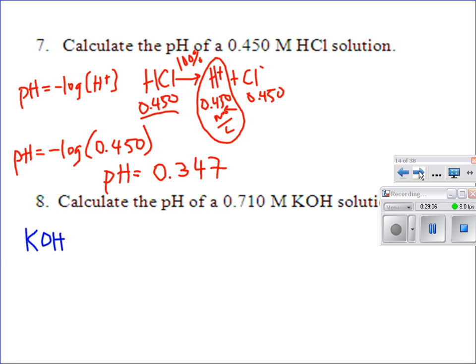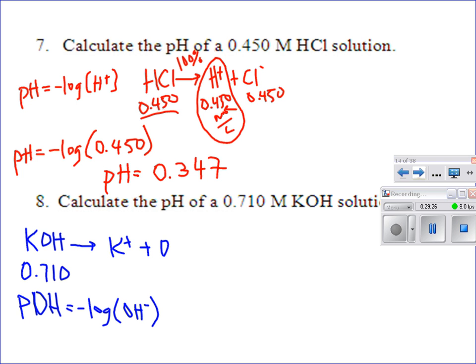All right, so KOH. They're giving us something with a concentration of 0.710. But I need to find pH. Am I going to find pH directly? No, I'm going to go for pOH first because that's equal to the negative log of the OH concentration. KOH strong or weak? Strong, so I get K plus OH minus 100%. So what's my assumption?